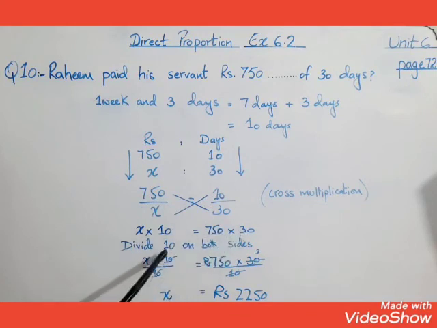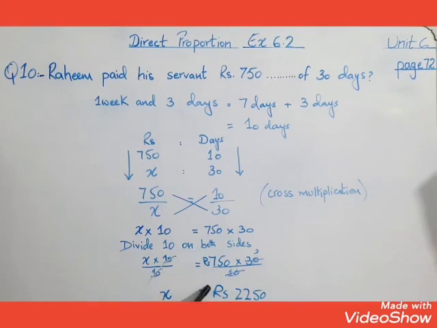Now divide by 10 on both sides. 10 and 10 cancel, just x is left. Then rupees 750 multiplied by 30 divided by 10. 10 times 1 is 10, 10 times 3 is 30. Then 750 multiplied by 3. So rupees 2250 is your answer. Right, students?